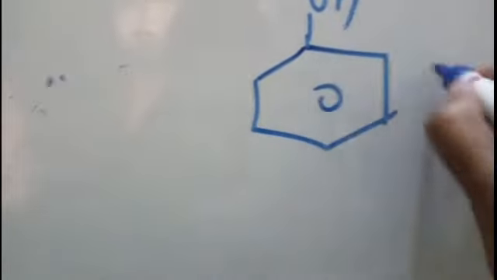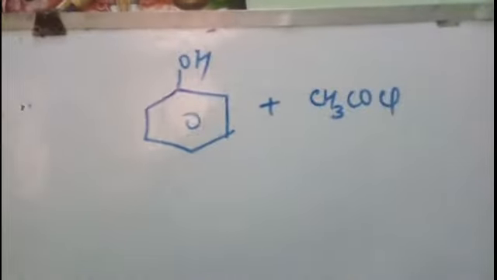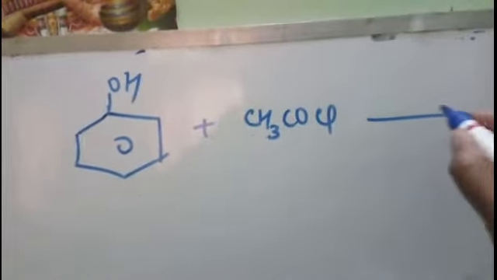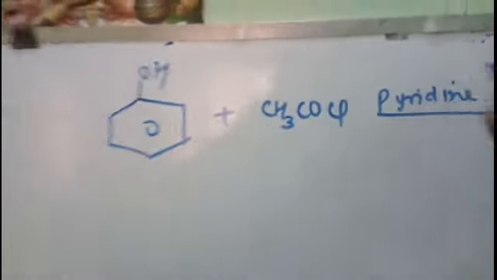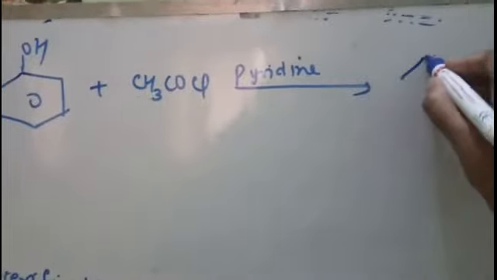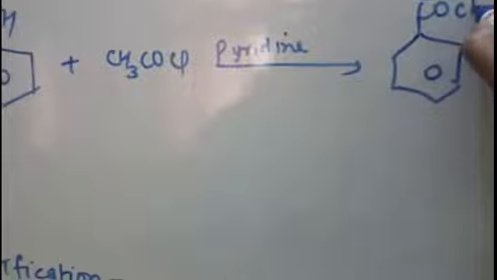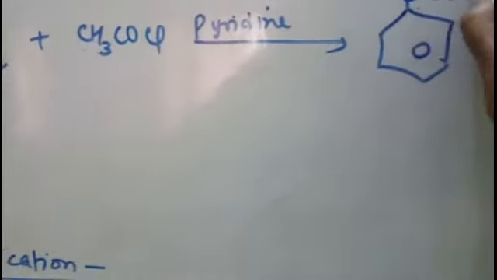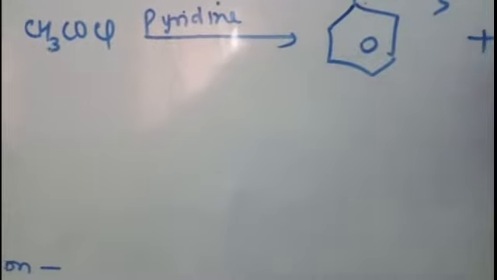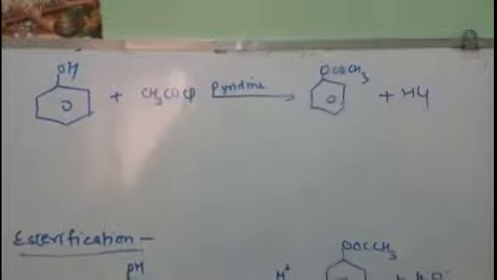When phenol reacts with ethanoyl chloride, whenever the reaction is carried out with acid halide, pyridine is used as a base to remove the acid formed and favor the forward reaction. So again phenyl acetate will be formed, OCOCH3, plus HCl will be removed. So here also phenyl acetate will be formed.